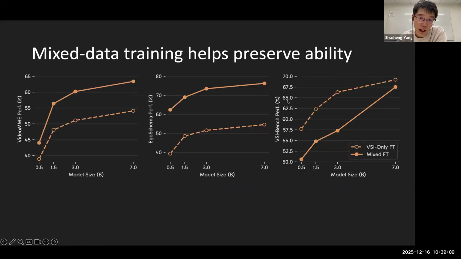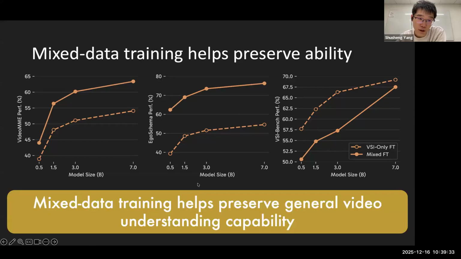And if we compare the difference between the VSI only fine-tuning and the mixed data fine-tuning, we can observe that on VSI-Bench, the VSI only fine-tuning always performs better than mixed data fine-tuning, but the performance gap decreases a lot if the model scales up to 7 billion parameters. So mixed data training can help us to preserve the general video understanding capability.